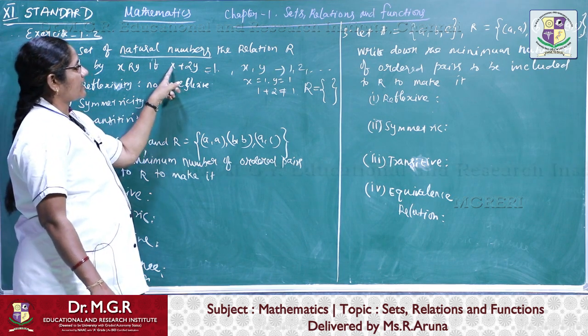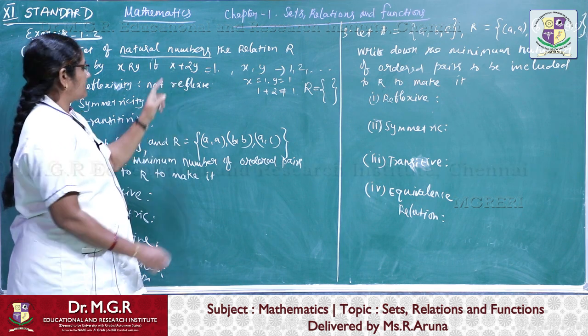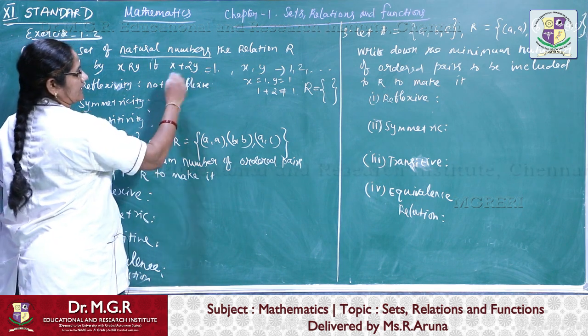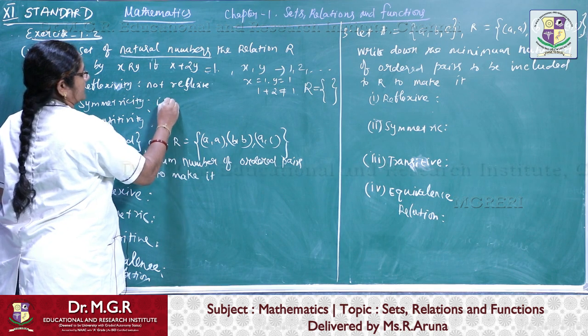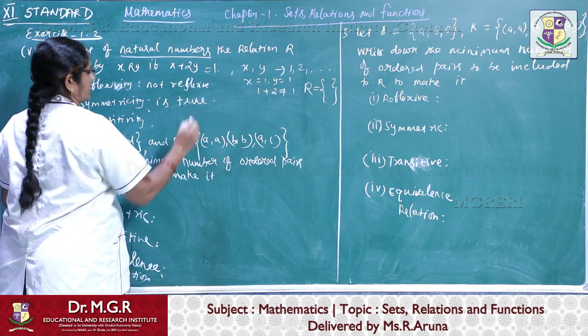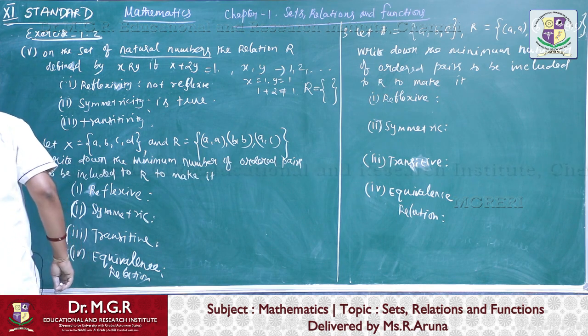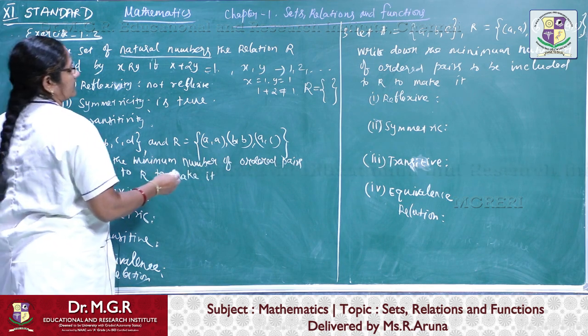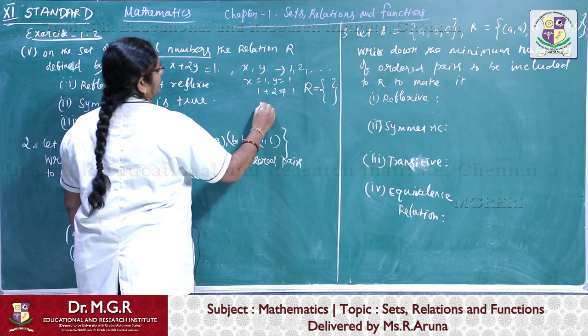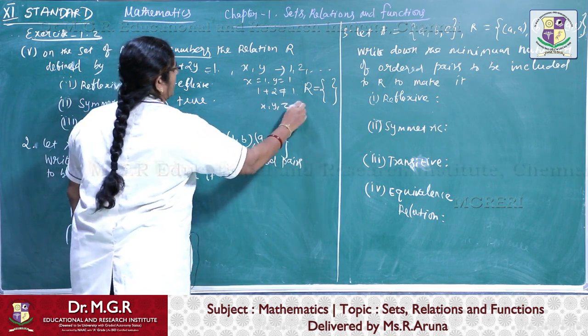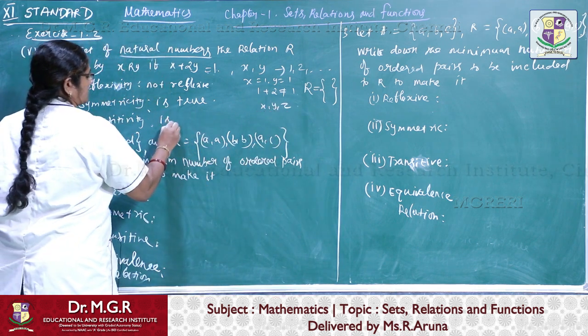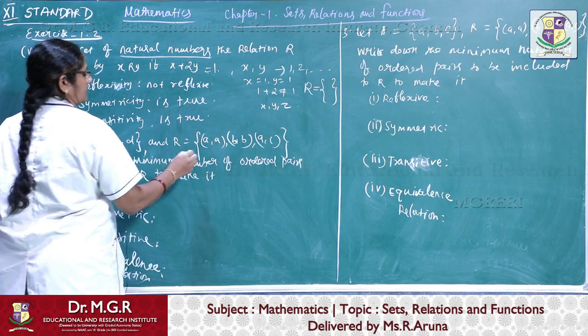If we choose any number for x, the reverse order will be true for y. So it is true. Third one, it is transitive. If we choose any three numbers x, y, z, that is also true.